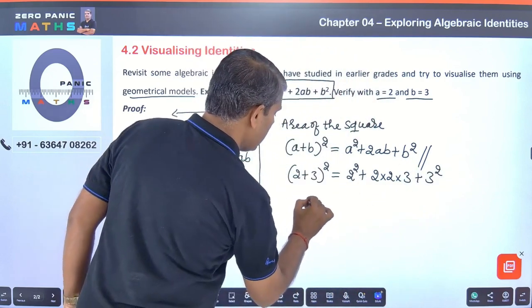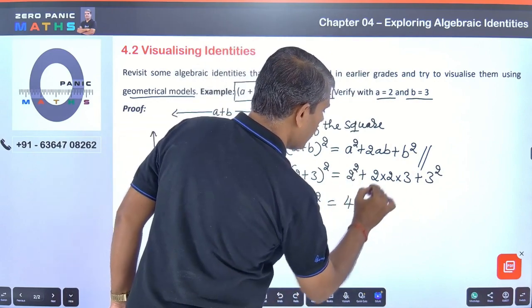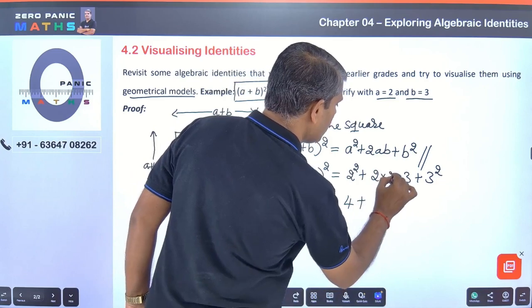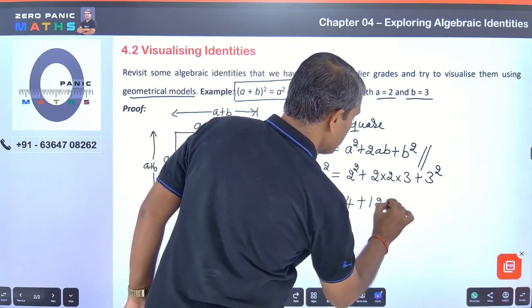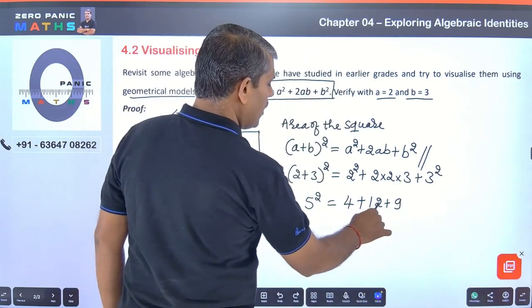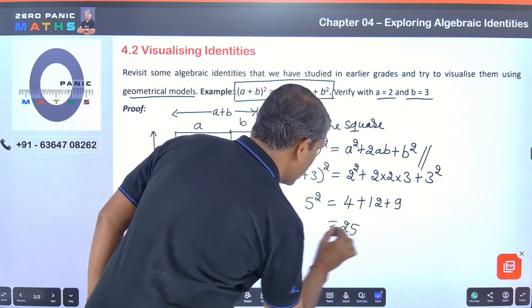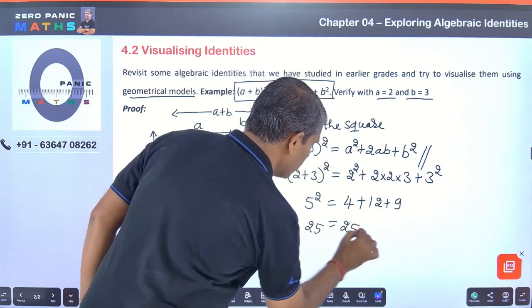What is 2 plus 3? That is 5 square. And 2 square is 4, and this is 2 into 2, 4 into 3, that is 12, plus 3 square is 9. Okay, 4 plus 12, 16 plus 9, that is 25, and 5 square is also 25.